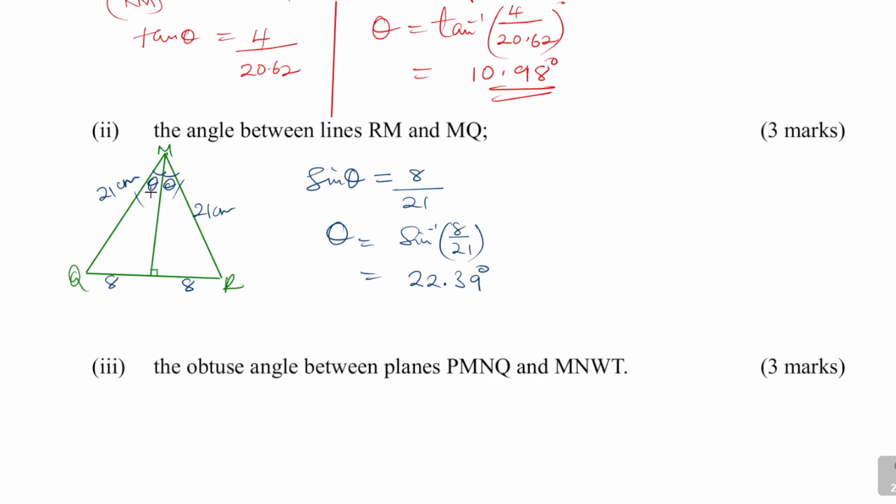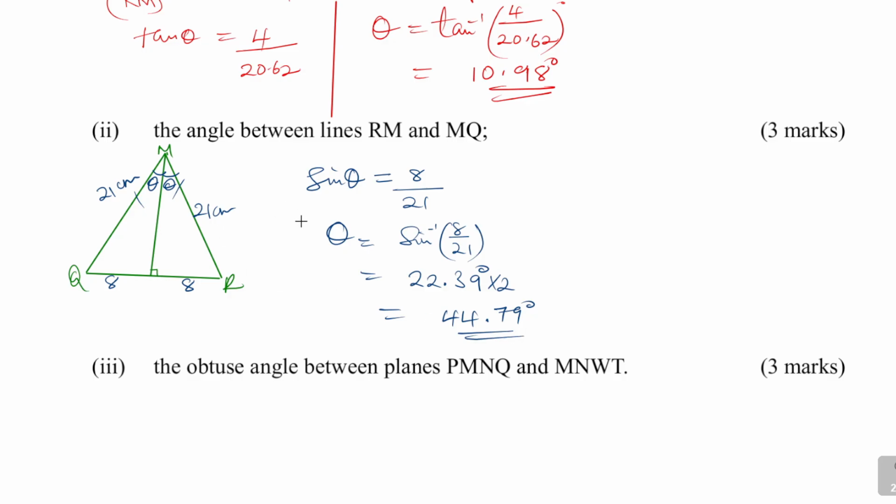That is just one of these angles. To get the whole angle, because there are two similar angles, we multiply by 2, and this gives 44.79 degrees, the two of them. So that is how we get that angle.